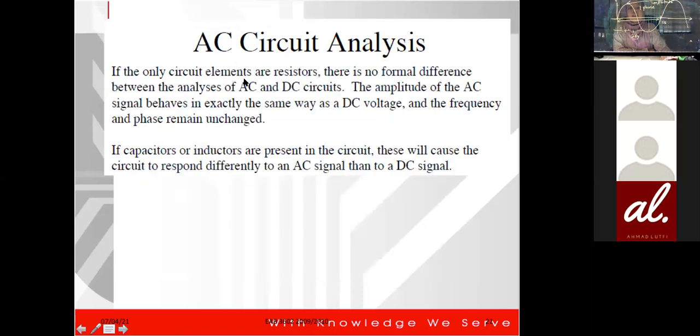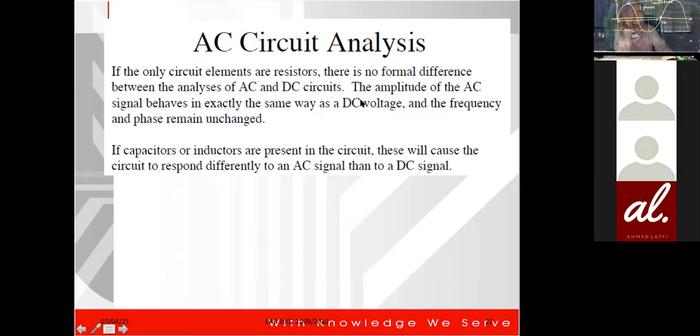If the only circuit elements are resistors, there's no formal difference between the analysis of AC and DC circuits. So maksudnya kalau circuit tu sama macam DC circuit juga, dia ada source, dia hanya ada resistor, so that is very simple, straightforward. The analysis sama macam tadi, kita boleh guna Ohm's law, V equal to IR.